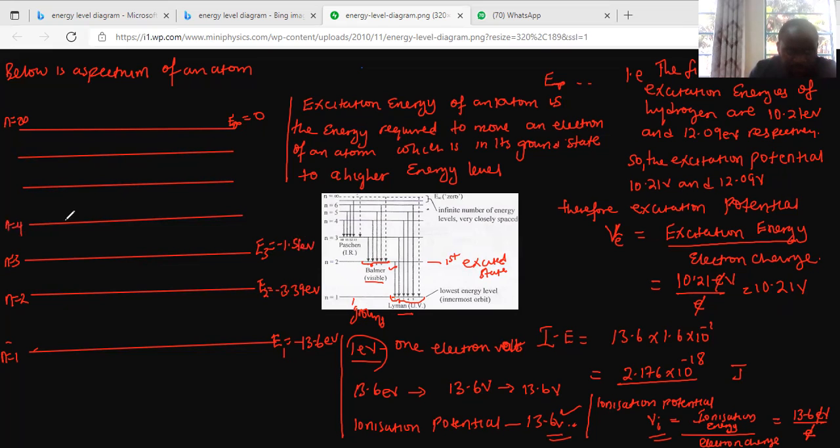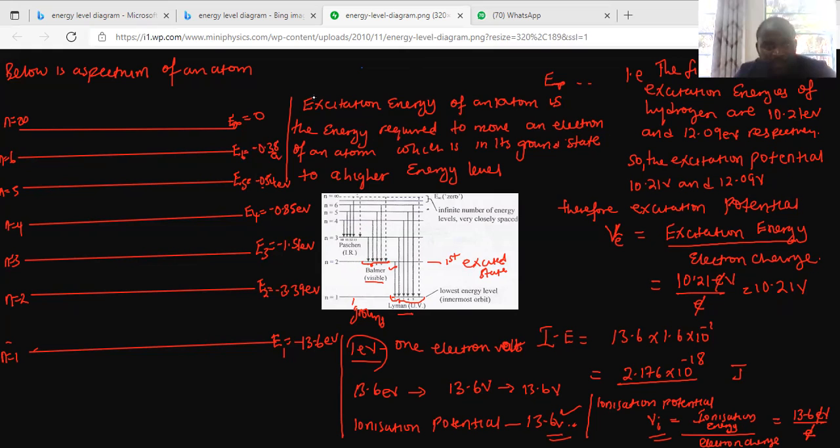When n is 4, E4 is equal to negative 0.85 eV. When n is 5, E5 is equal to negative 0.54 eV. When n is 6, E6 is equal to negative 0.38 eV.